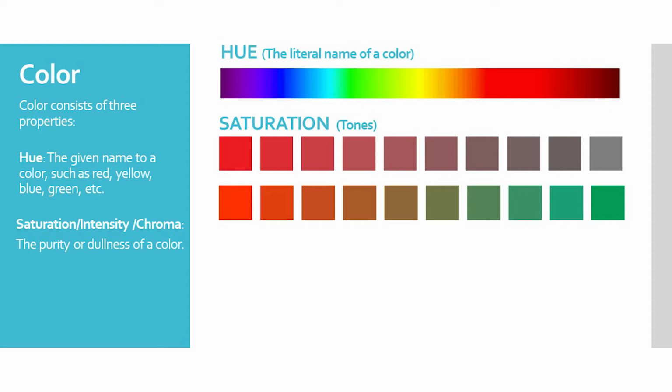And so you'll see we're picking red as our color, and then it's going down the scale to middle gray. And then in the lower color scale, we've mixed red with its complement, which is green, and we'll explain what that is later. And then you get these sort of brownish hues in the center.